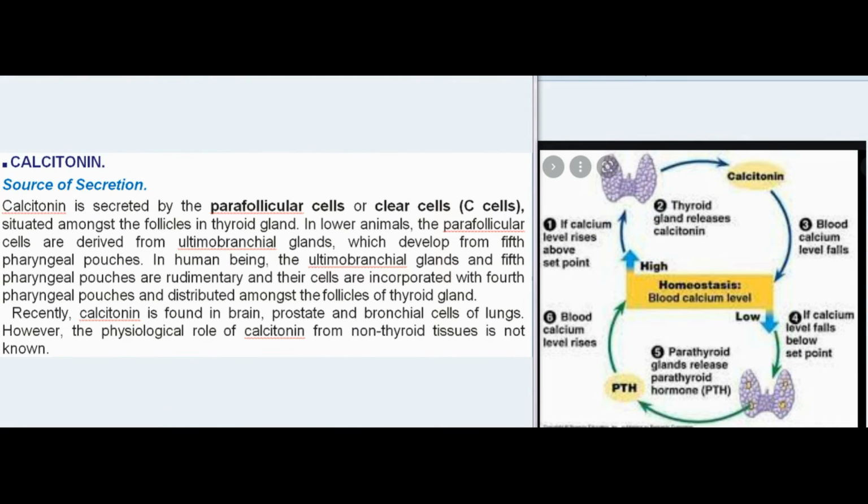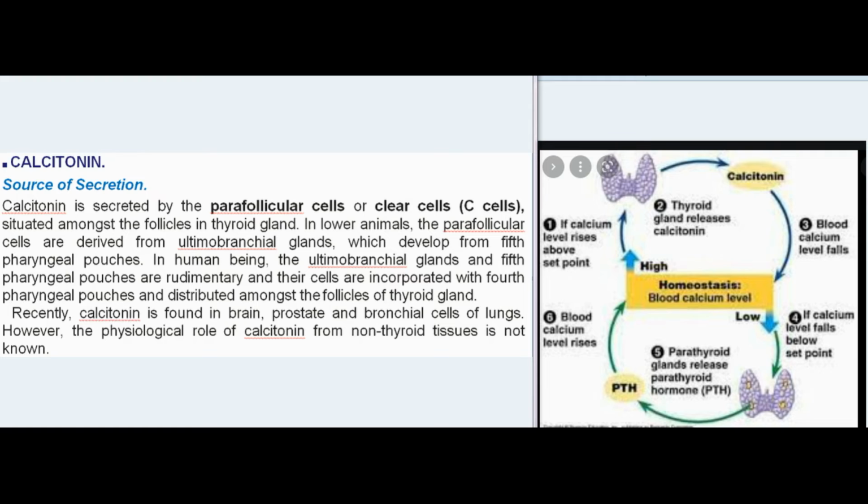Calcitonin. Source of secretion. Calcitonin is secreted by the parafollicular cells or clear cells, C cells, situated amongst the follicles in thyroid gland. In lower animals, the parafollicular cells are derived from ultimobranchial glands, which develop from fifth pharyngeal pouches.